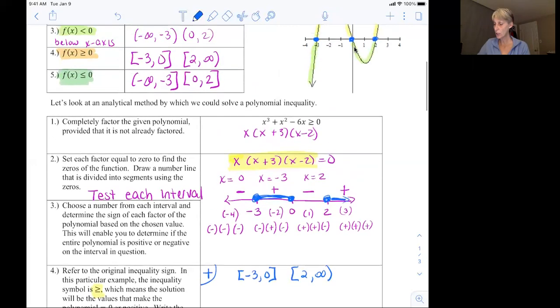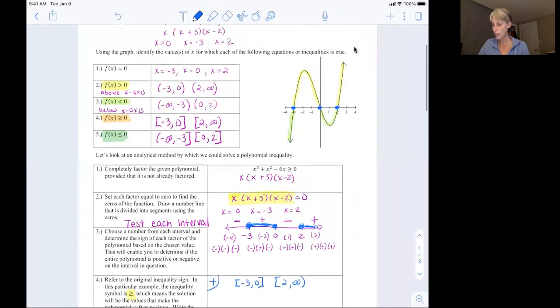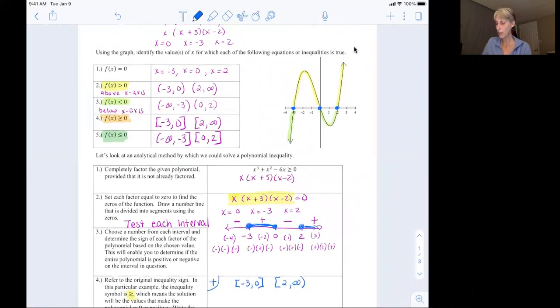And let's just go see, compare it with what we got above. F of x greater than or equal to 0 matches here, and it matches our graph. Okay, so our positive interval means the graph is above.